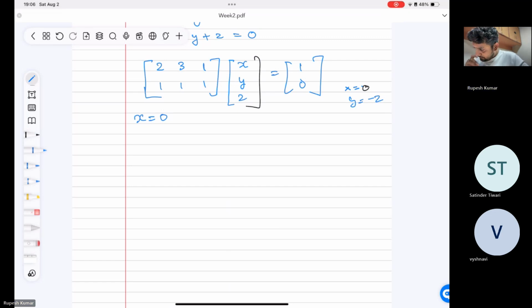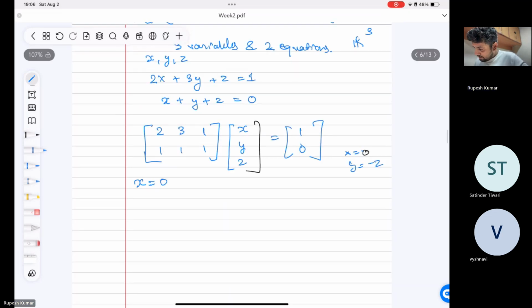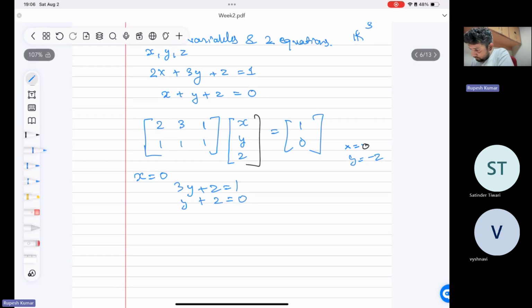So 3y plus z equals 1, y plus z equals 0. Now this is a system in two variables and you can find a unique solution for this, and it is defined.